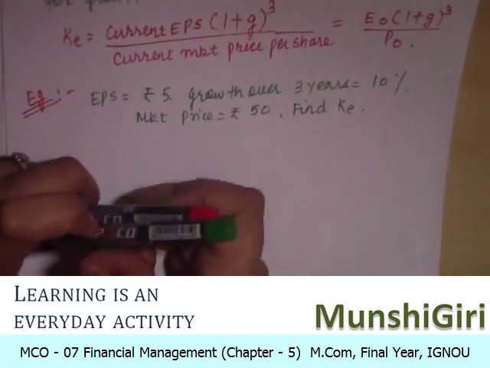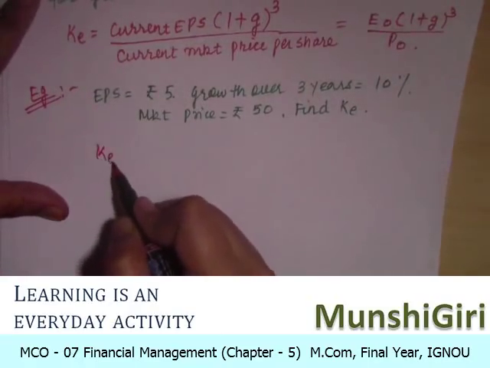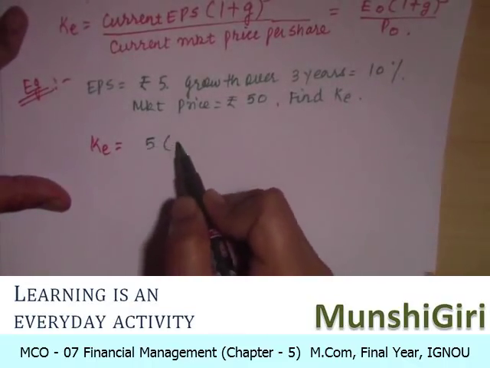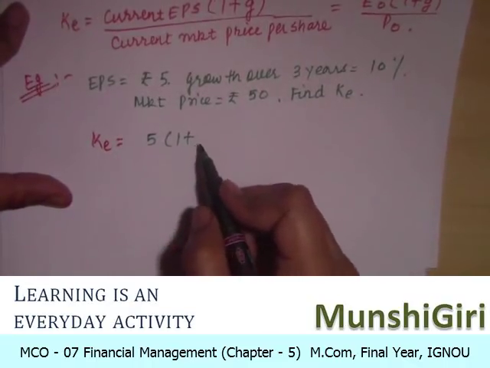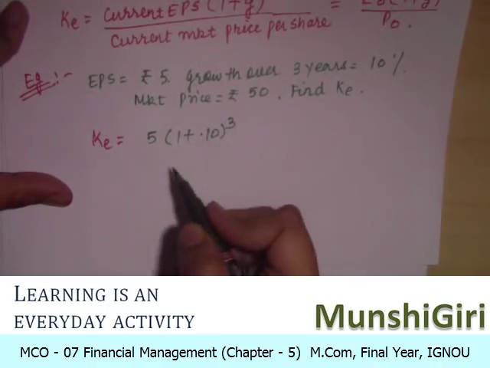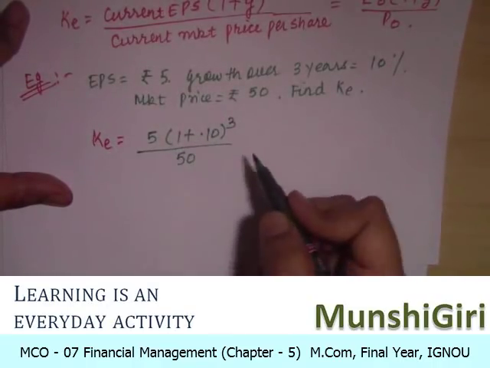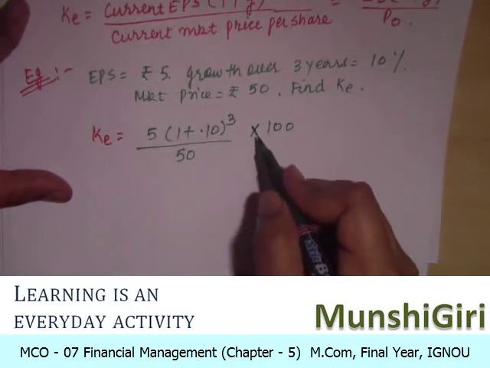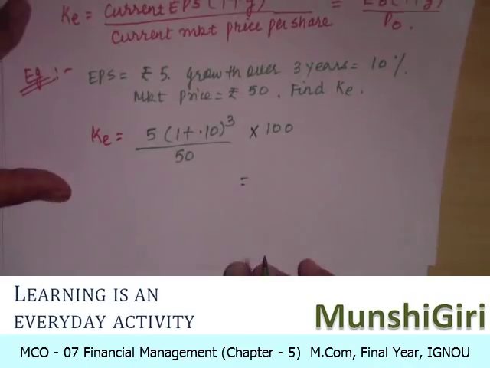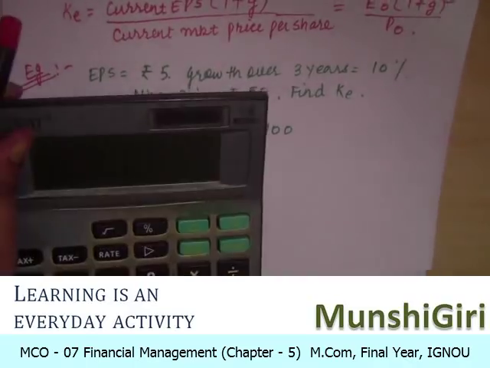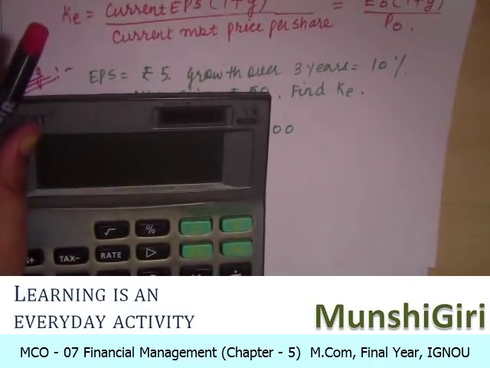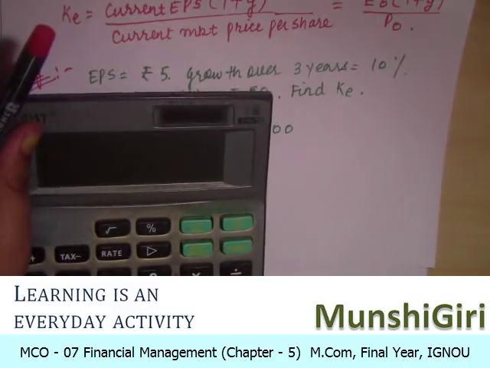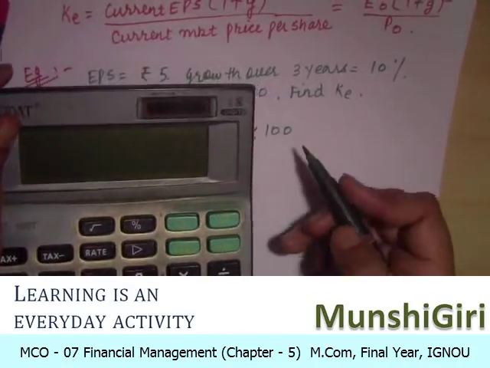So, we'll just put in the above formula. KE is equal to current EPS, which is 5, times (1 plus G), growth rate is 10%, and the cube of this, divided by market price, which is 50, into 100, because we want to calculate it as a percentage. 1.10 cube into 5 divided by 50 into 100. This is 13.31%.